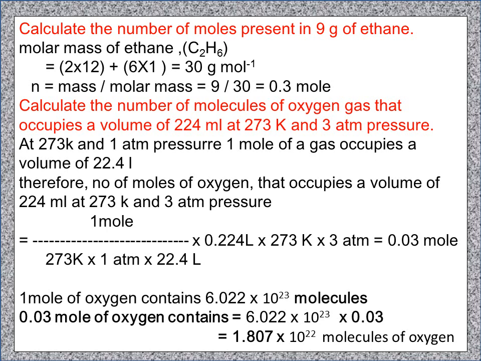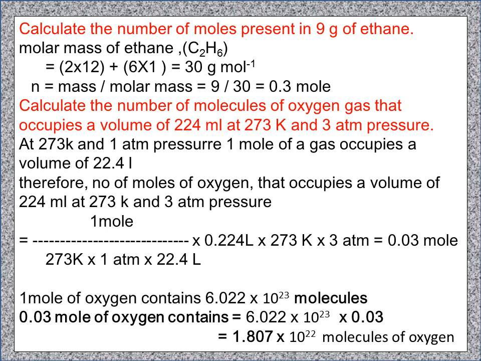Therefore, number of moles of oxygen that occupies a volume of 224 ml at 273 Kelvin and 3 atmospheric pressure will be: at 273 Kelvin, 1 atmosphere, 22.4 liters is occupied by 1 mole. Then you multiply it by 0.224 liter. They have given it in milliliter, so we convert it into liter by dividing by 1000. It is 0.224 liter into 273 into 3.